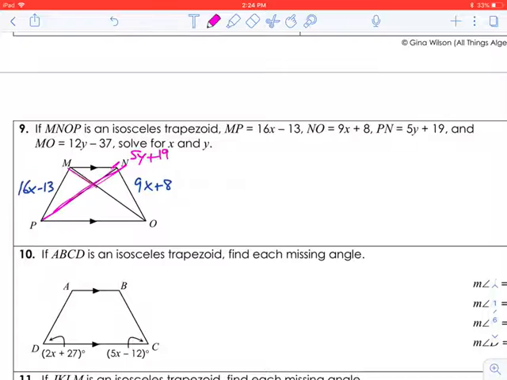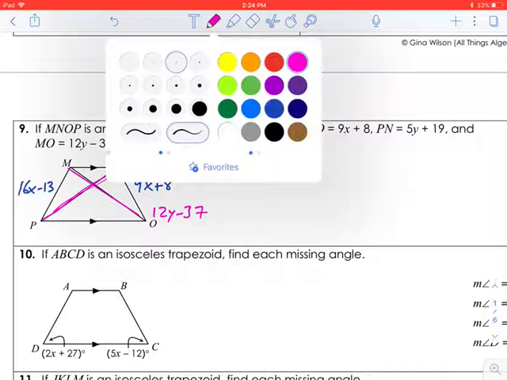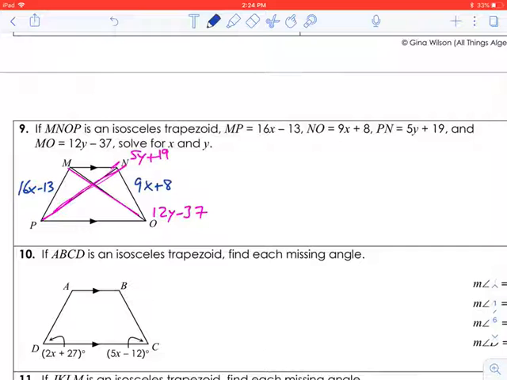And MO, the other diagonal, is 12y minus 37. So how am I going to find these x and y values? Well, if it's isosceles, obviously these are equal. So 16x minus 13 equals 9x plus 8. And then I would solve by getting x by itself on one side and get the constant to the other side.